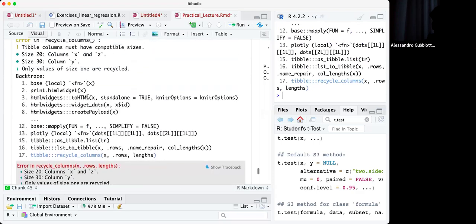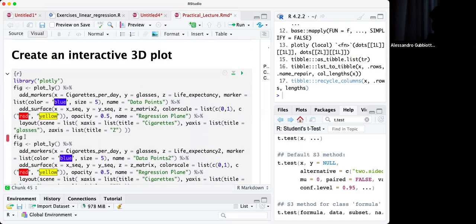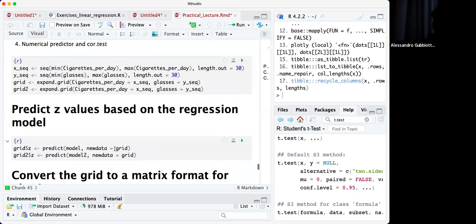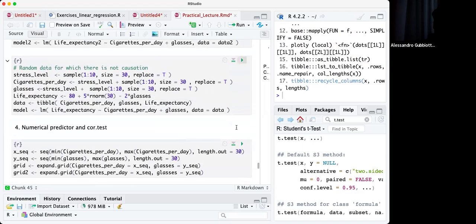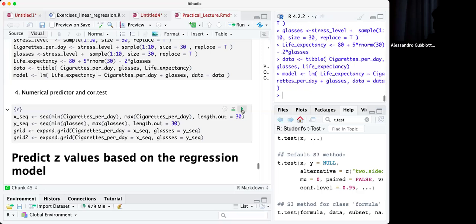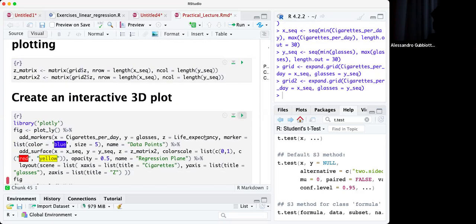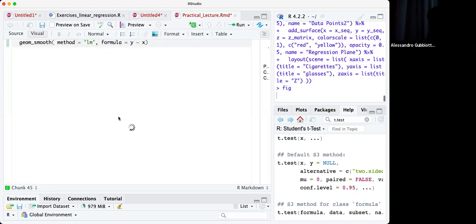Here there is an error on the y variable and the x variable, because I have other variables defined. Let me see if this plot goes through. Yes.